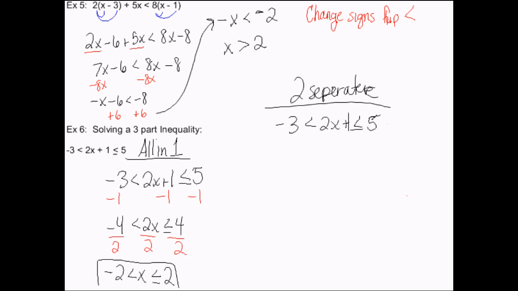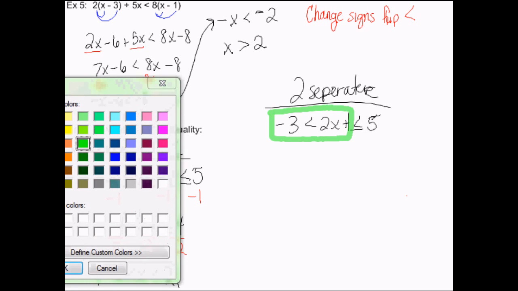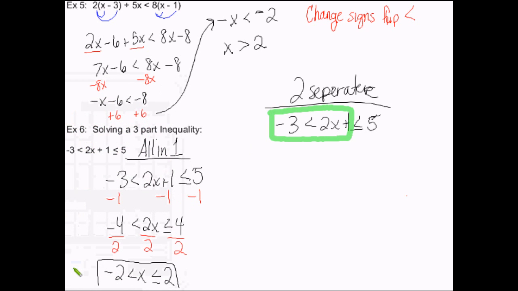Well, if we look at this, that's one problem. Negative 3 is less than 2x plus 1. And here's another problem. 2x plus 1 is less than or equal to 5. So if you don't like solving it all together like this, you can split it into those 2 separate problems and solve each one individually.